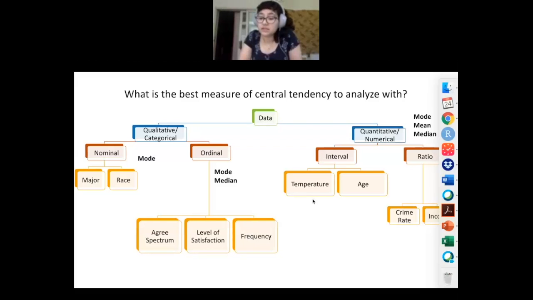The mean and the median will give us some information, but it's not going to be super helpful, because what does it mean to be an average if these are categorical variables? You can't really say what a number in between them is, right?